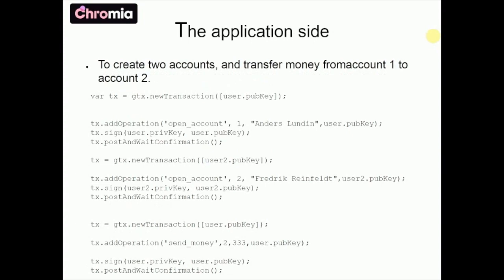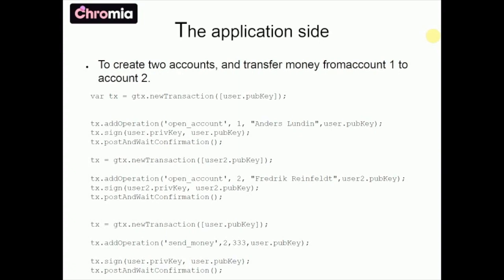Then we make a new transaction using the cryptographic data of the first user. We want to open an account with account number 1 and the name Anders Lundin, that's a Swedish TV host personality, and using the first user's public key.